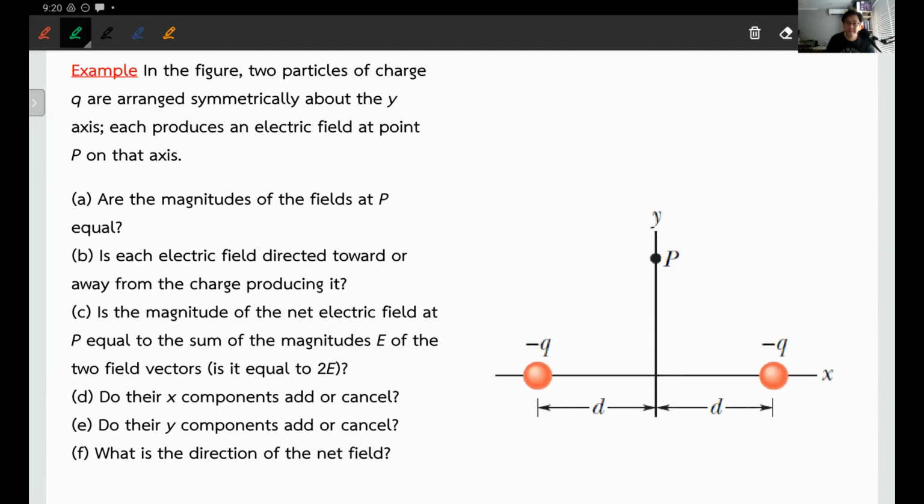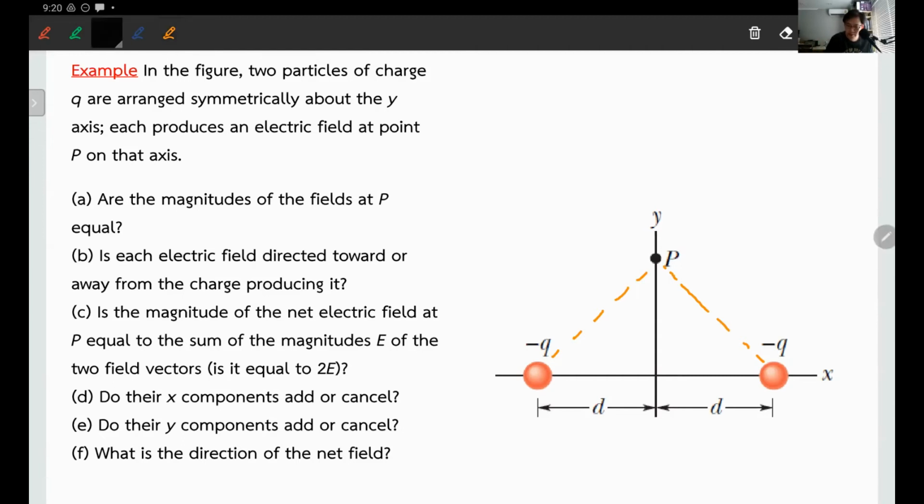Yes or no? The way that you think about this is first, directions. You draw the line by having the charge at the center. Second, the direction is going to be toward the charge when it's negative.